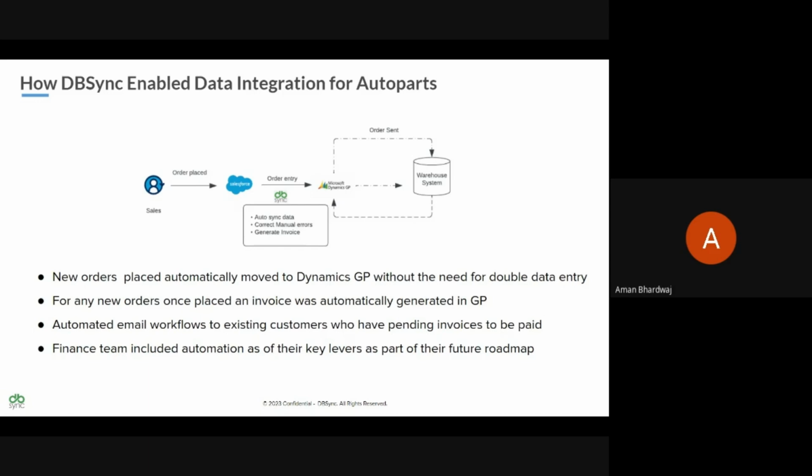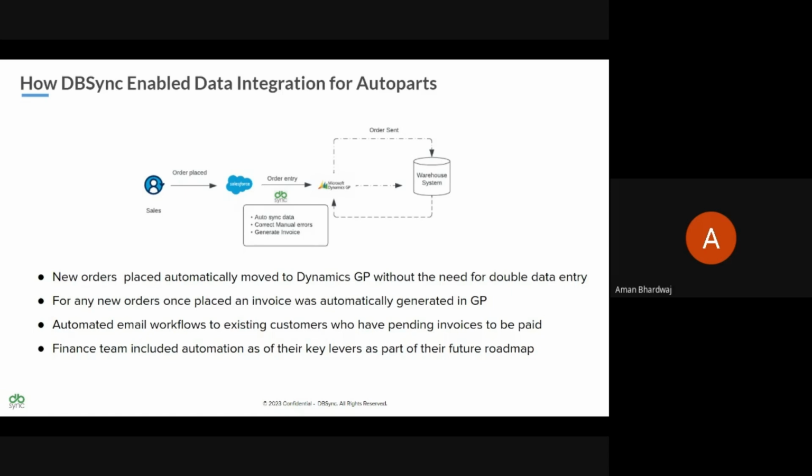And what we additionally did was, you could also build automated email workflows to customers who had pending invoices, because as we said, a lot of those invoices which were not being paid on time led to lower cash flows. So you could build automated email workflows where a dedicated person from the finance team doesn't have to do this activity day in and day out, manually following up on those emails.